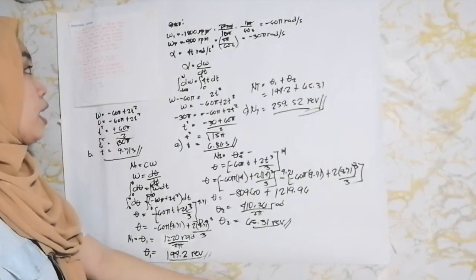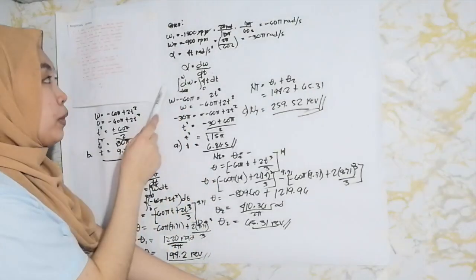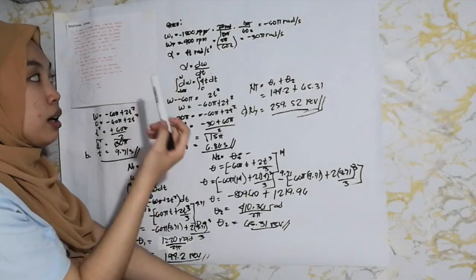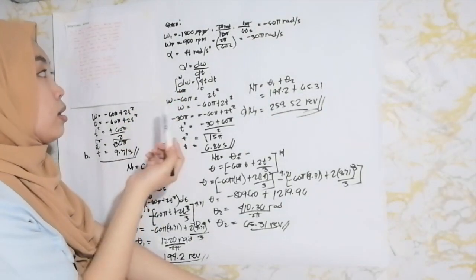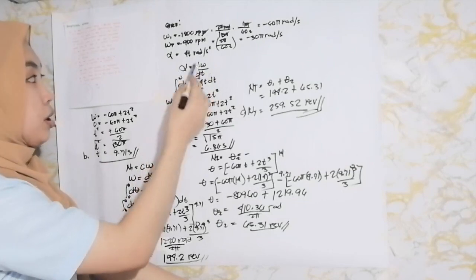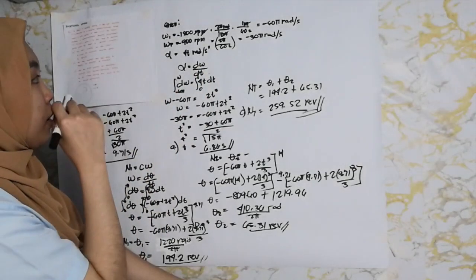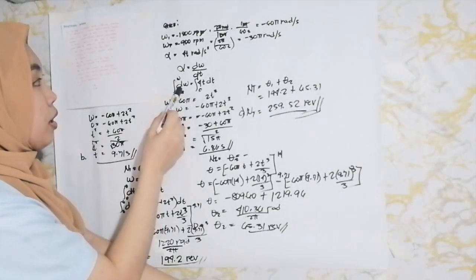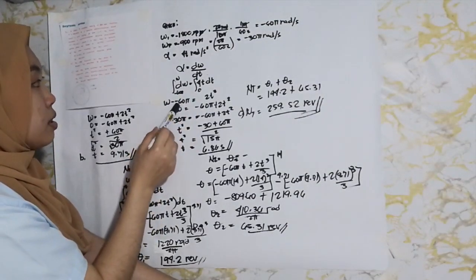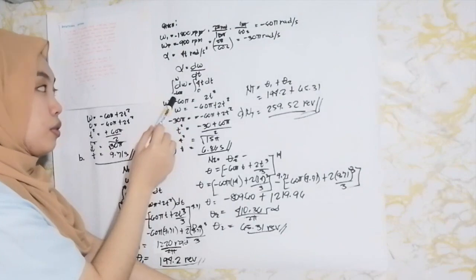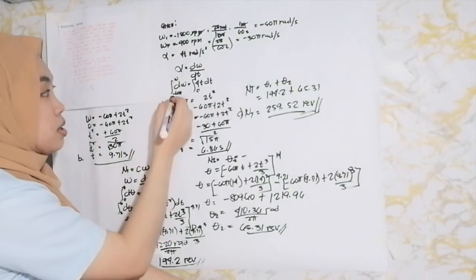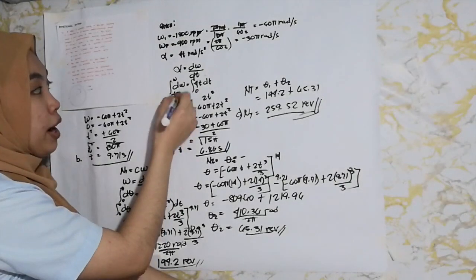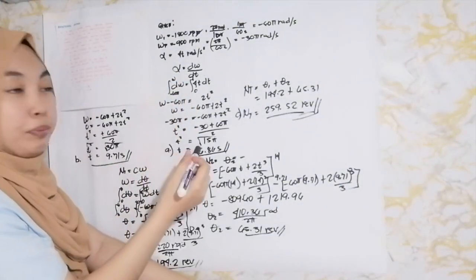Since we are looking for time, and alpha can be integrated, we can use this equation and integrate both sides. Since we have an initial angular velocity, we integrate from negative 60 pi to omega.